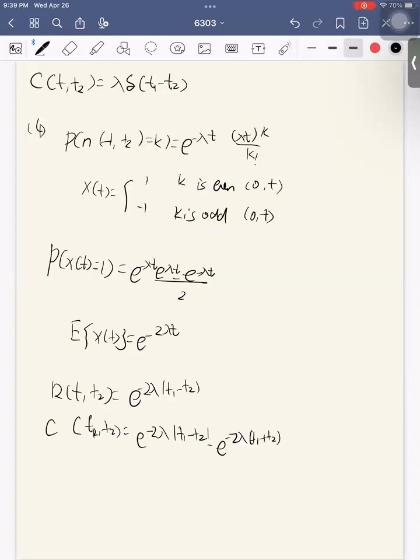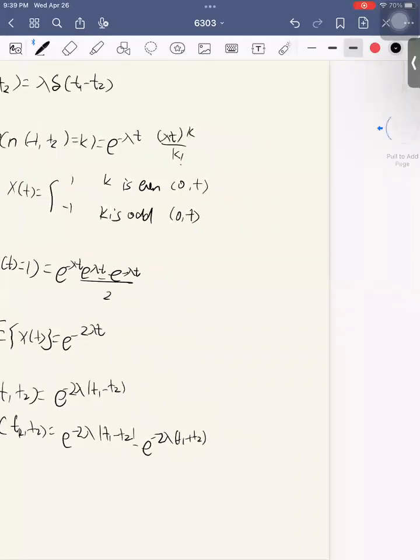Now let's look at the random telegraph signal, which is defined as y(t) equal to a times x(t) and so on. Here, x(t) is a semi-random telegraph signal.